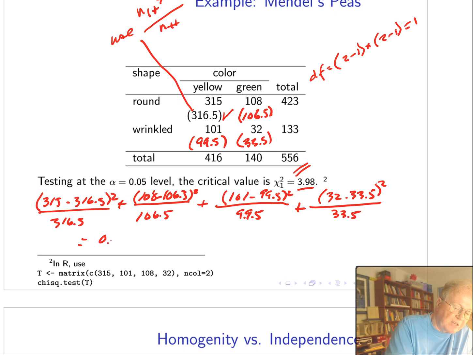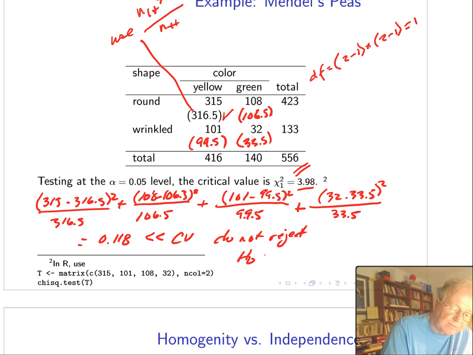And after beating on it with a calculator for a little bit, I get a test statistic of 0.0118, which of course is much, much less than the critical value. So do not reject H naught. They appear to be independent.